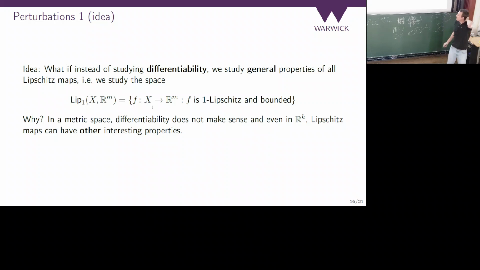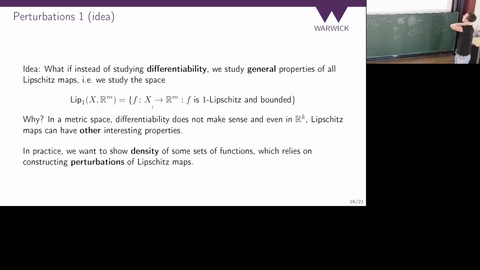Why do this? Well, differentiability doesn't really make sense in a metric space, and also, even in R^k, you can be interested in other interesting properties of Lipschitz maps, other than being differentiable, right? What will be happening in practice is that we will be showing density of some sets of functions.